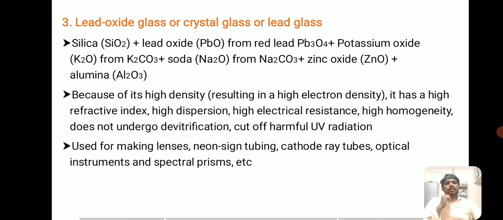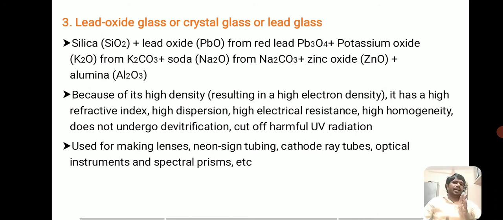Lead oxide glass or crystal glass or lead glass. Here we are using silica, lead oxide from red lead, potassium oxide, which is obtained from potassium carbonate, soda from sodium carbonate, zinc oxide, and alumina.